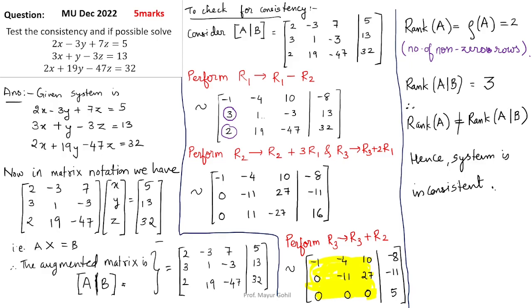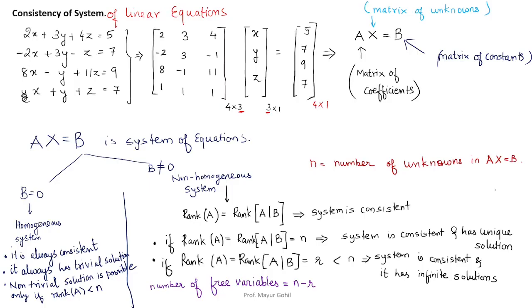Let me recap the theory: you are given some equations, you have to write them in matrix notation. In that notation you have to make clear what is capital A, what is X, what is B. Capital A is the matrix of coefficients, X is the matrix of unknowns, capital B is the matrix of constants. This is called the system of equations.